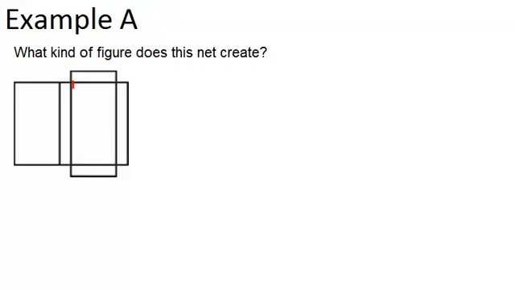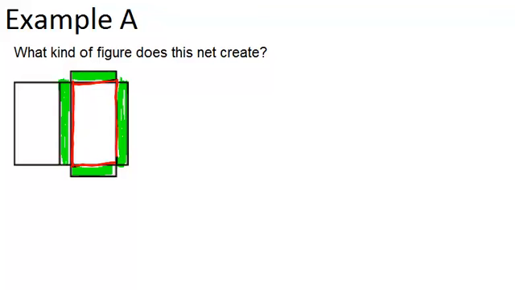So what I notice is that the base right here is a rectangle. And if I were to fold each of these faces up, those are all rectangles as well. And then my top is just this other big rectangle that will sit above the rectangle here that's highlighted in red.